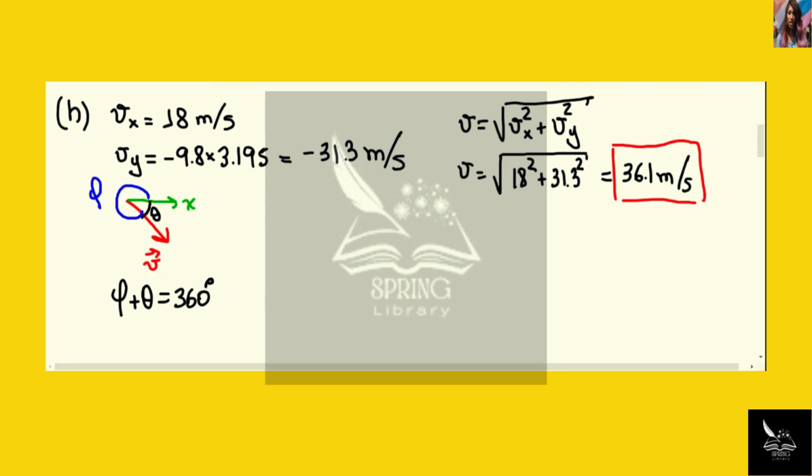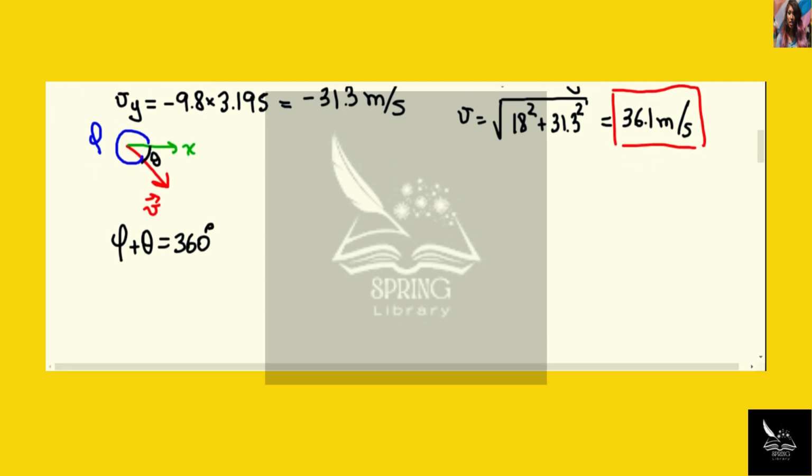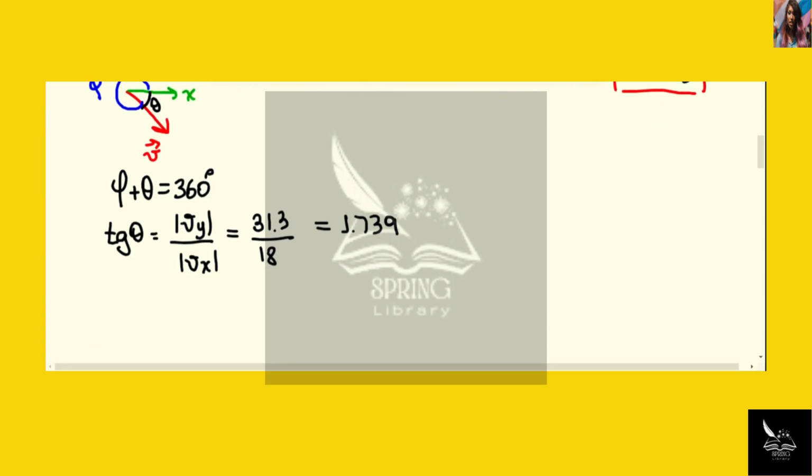Notice from the figure that the tangent of theta is equal to the magnitude of vy over the magnitude of vx. So this is 31.3 divided by 18, which is equal to 1.739. And so theta is, if we take the arctangent, 60.1 degrees.